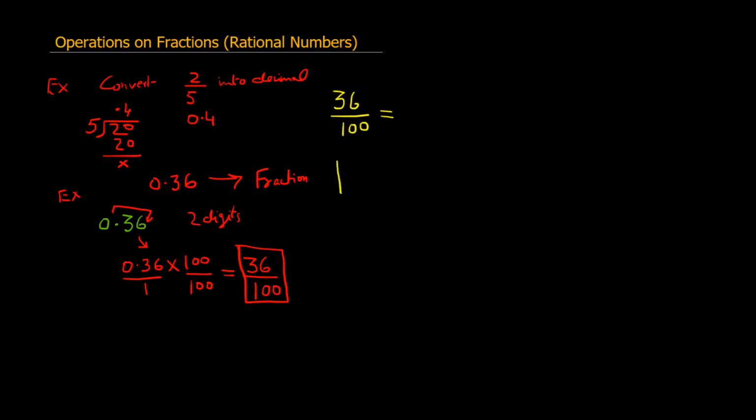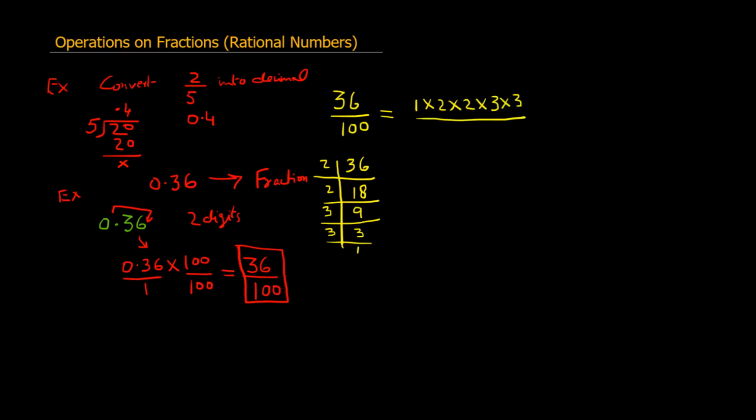The same way: 36 divisible by 2, yes, 18, divisible by 2, yes, 9, now divisible by 3, yes, 3, and divisible by 3 is 1. So we have the prime factors: 36 equals 1 multiplied by 2 multiplied by 2 multiplied by 3 and multiplied by 3.